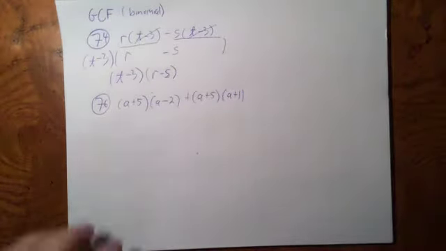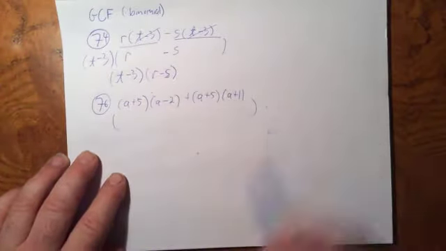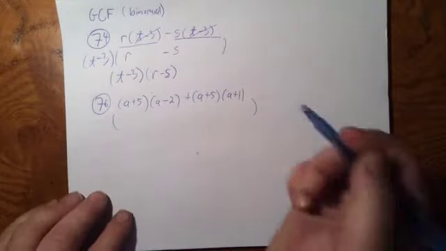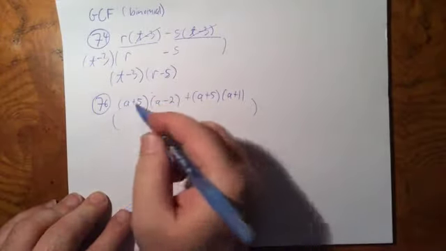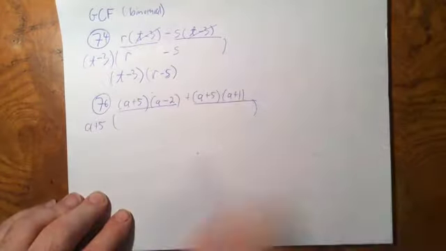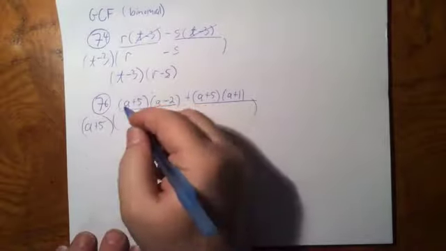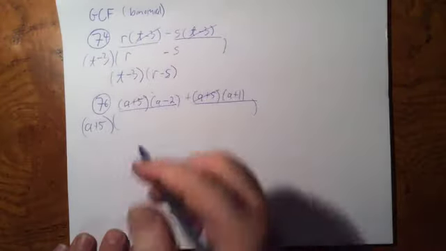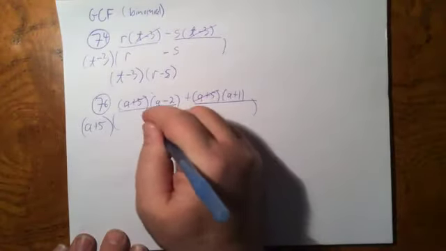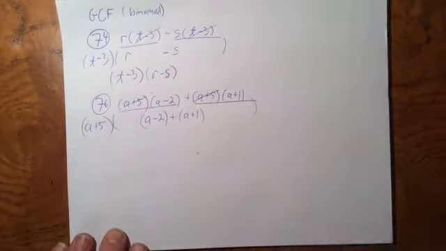So what we're going to do in this problem is make a big parenthesis, and we're going to see which binomial is in common. And mainly that's going to be a plus 5. So we look at this, we look at this, we see that a plus 5 is the binomial that's in common. And if we remove that, we are then left with a minus 2 plus a plus 1.